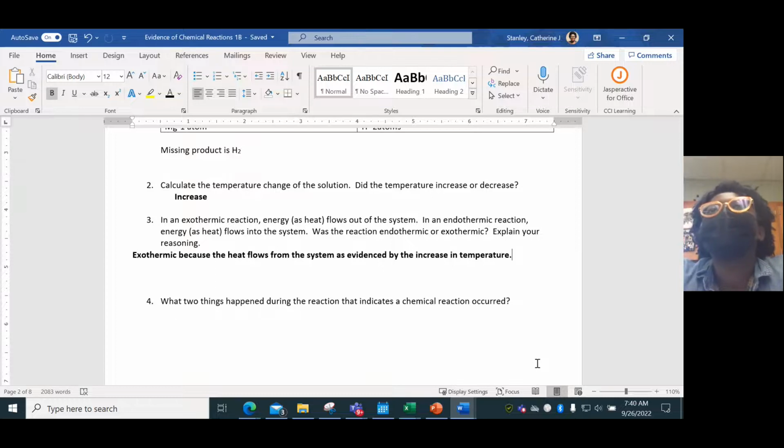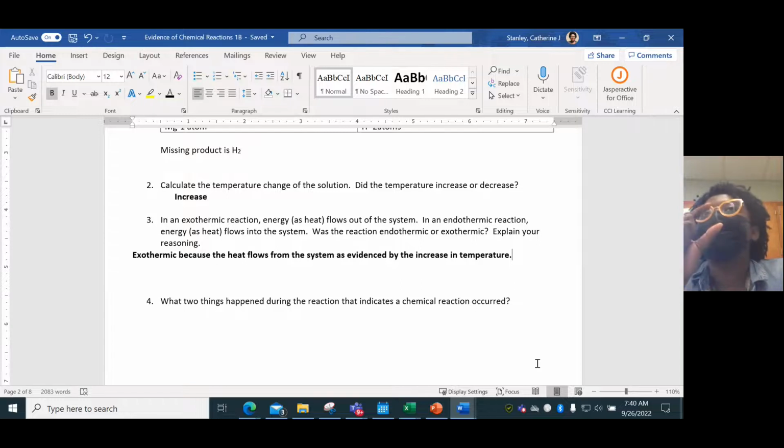All right, number 4, what 2 things happened during the reaction that indicates a chemical reaction occurred? 2 things occurred. Who remembers this reaction?